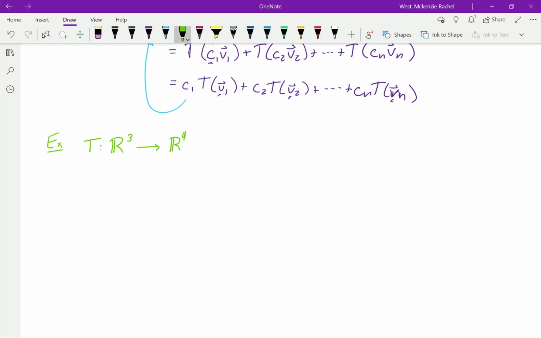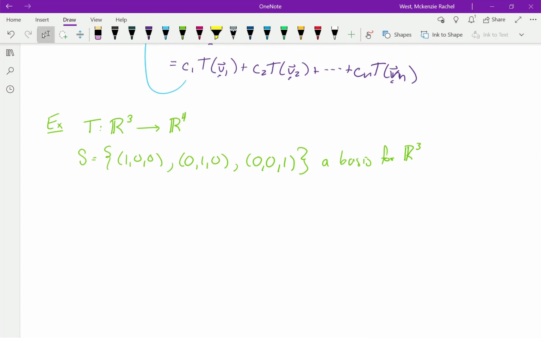And let's say that S is a basis where we have (1, 0, 0), (0, 1, 0), and (0, 0, 1). That's certainly a basis for R3. Hopefully we can agree on that. That's our standard basis. And let's suppose that T of (1, 0, 0) becomes, let's see, we want some (3, 1, 4, 1).